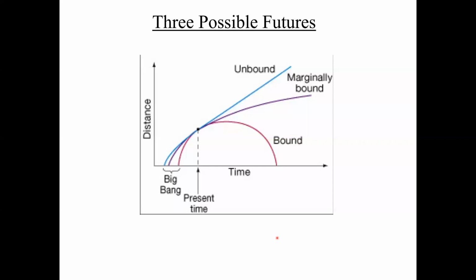And these are the possible futures for us. After the Big Bang, here is where the Big Bang occurred, and this is where we are right now. The universe can expand and then converge again, or come back to the same point, which we call a big crunch, or the universe may be marginally bound or unbound, right?